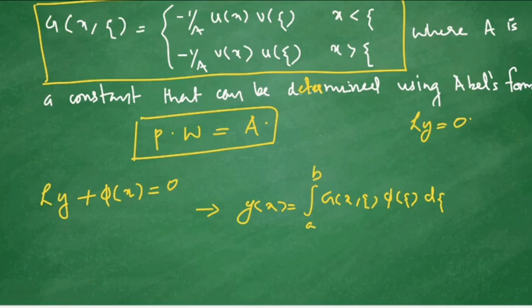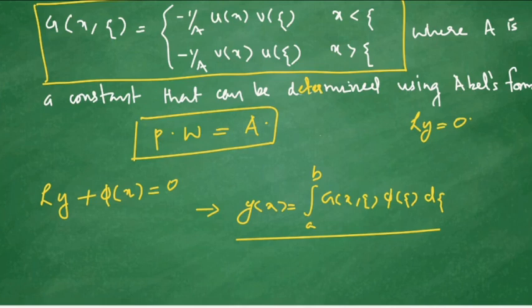So this will represent the corresponding integral equation. In this lecture we have determined how to find the Green's function using the non-trivial solutions u of x and v of x of the corresponding homogeneous differential equation Ly equal to 0.